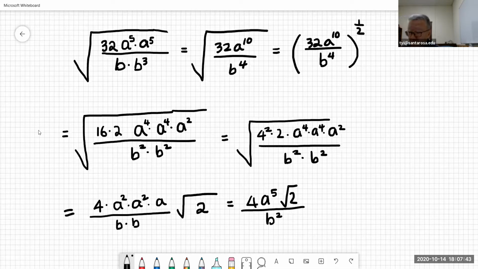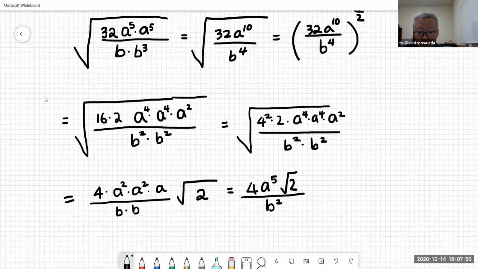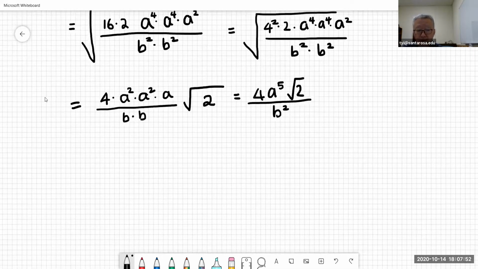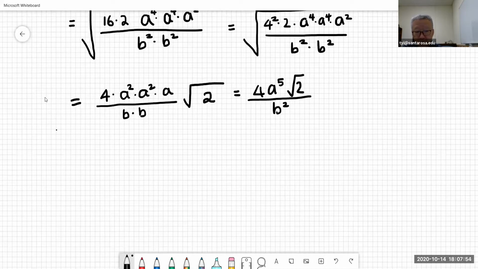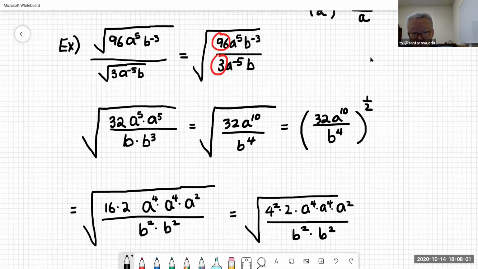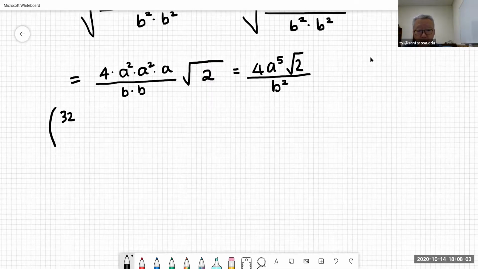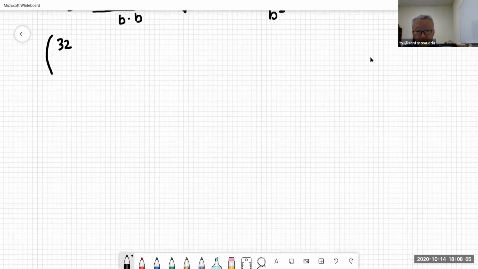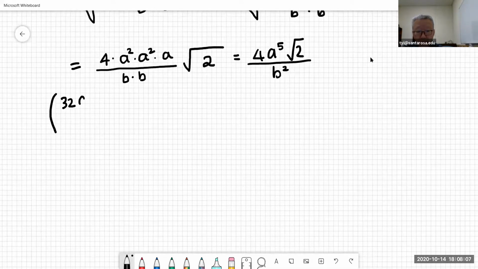But if you want to do this using the rational exponent, let me just do that here. Let me just rewrite that. Here I have now 32. What was this? a to the 10 b to the 4. 32 a to the 10 b to the 4, all to the 1/2.